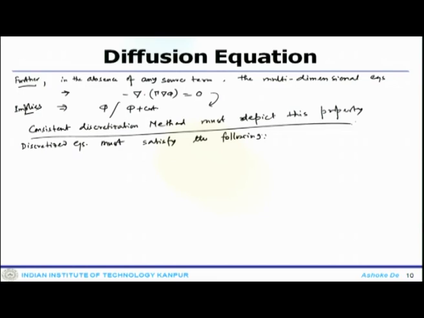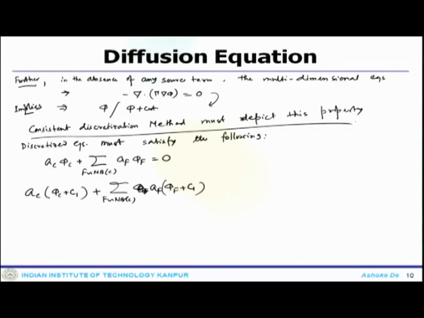It should have AC phi c plus summation over f in NBC of AF phi f equals 0, or AC times phi c plus C1, plus summation over f in NBC of AF times phi f plus C1, must be 0, where C1 is any arbitrary constant.